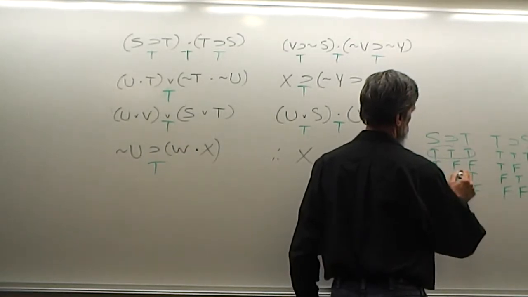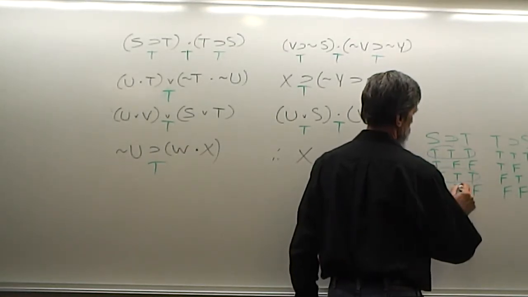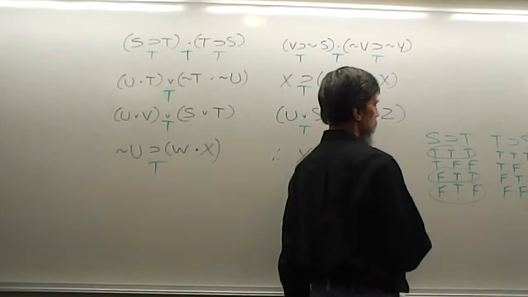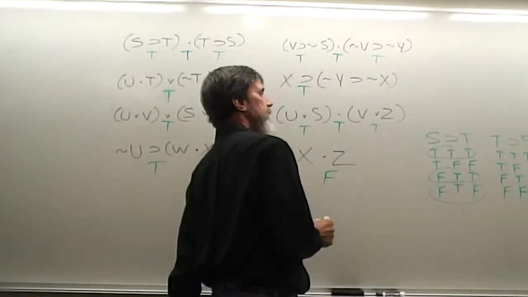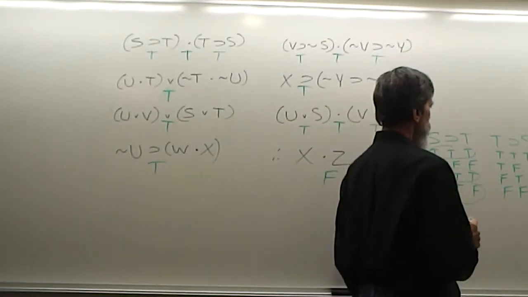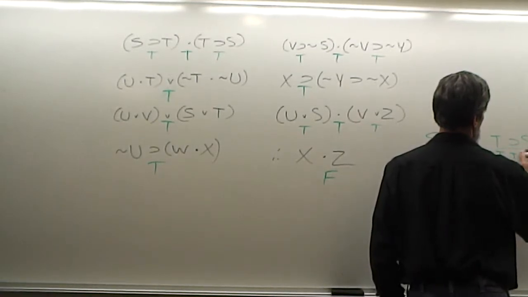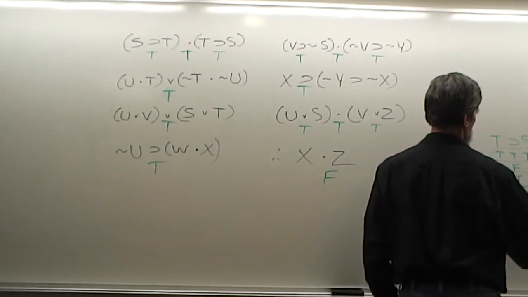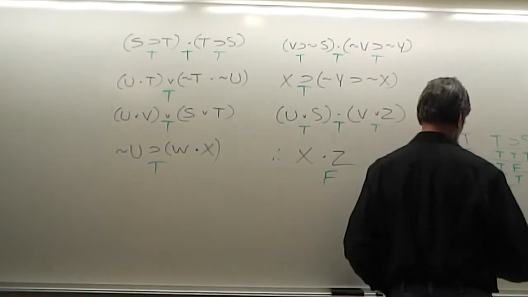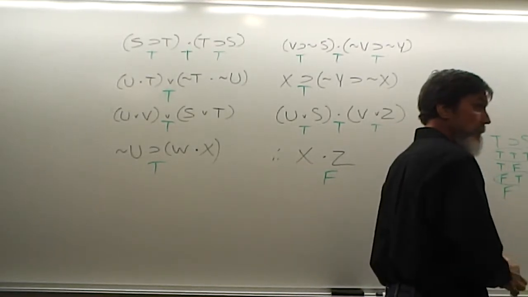That, that, and that. Agreed? To make T horseshoe S true, we should have three choices. Is that what you were talking about? Yeah.